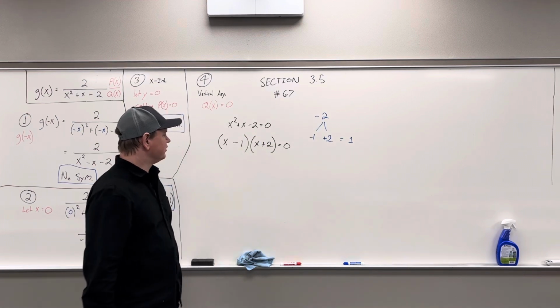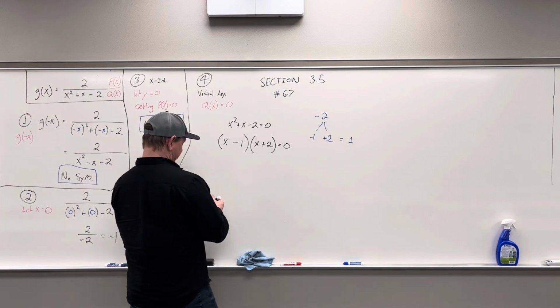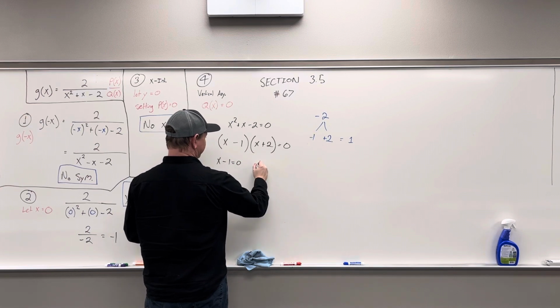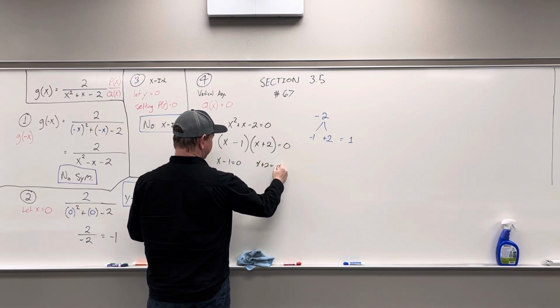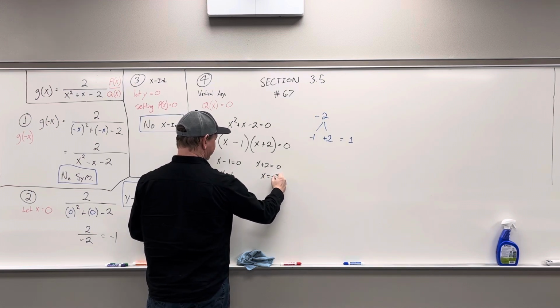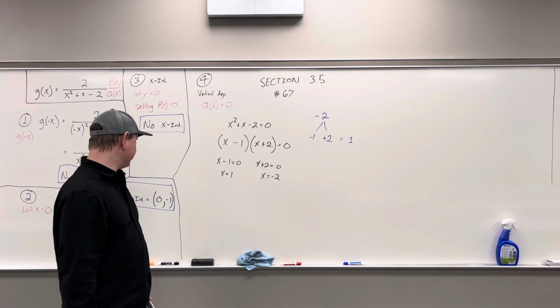Fantastic. So then, as you know, whenever we take these two factors, we set them both individually to 0. When we do that, we get x equals 1 and x equals -2. Nice. These are where the asymptotes happen.